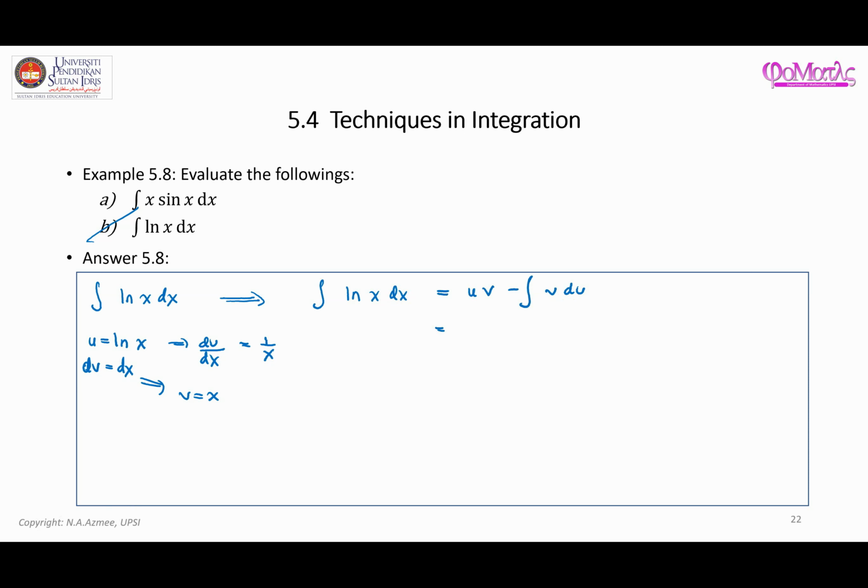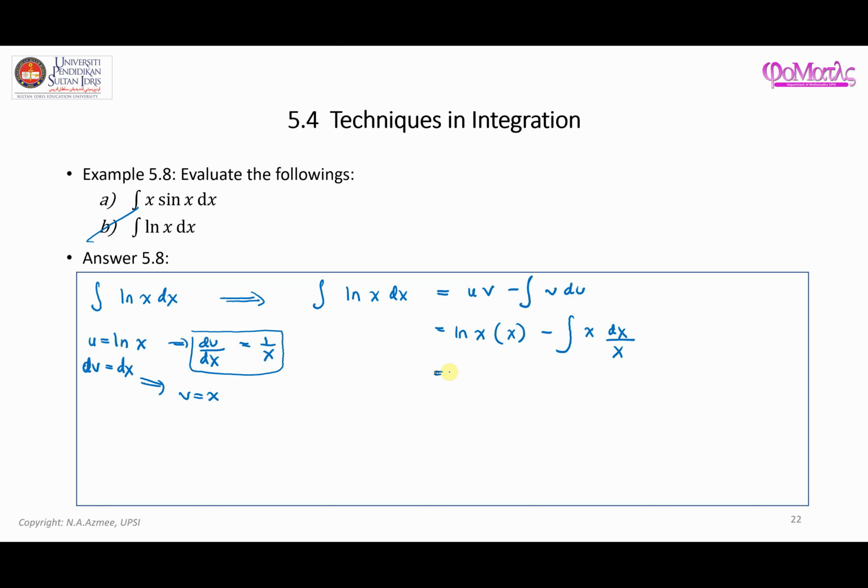So u is ln x and v is x, and du is just dx over x. So du comes from here, du is dx over x.